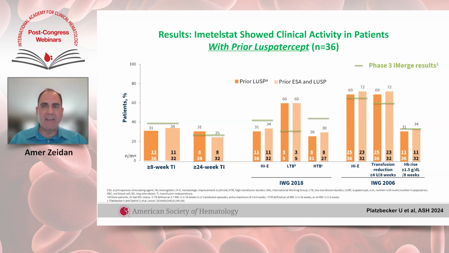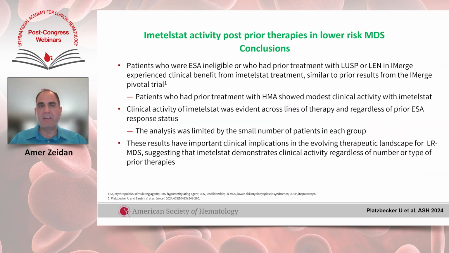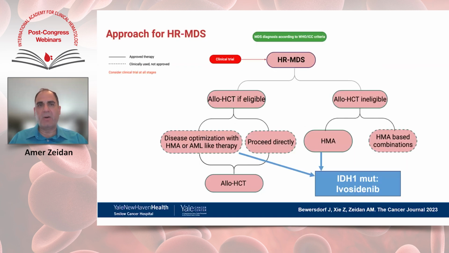So the drug is certainly active, and it could be considered as an option right after luspatercept failure. And similar data has been generated after receiving hypomethylating agents, although it was not as significant as post-luspatercept, as well as after lenalidomide. So certainly, while the drug is primarily approved after ESA failure, it seems to be a reasonable option after luspatercept, after lenalidomide or HMAs. And I think the next set of studies will look at combinations and how the best sequencing for patients will play out.